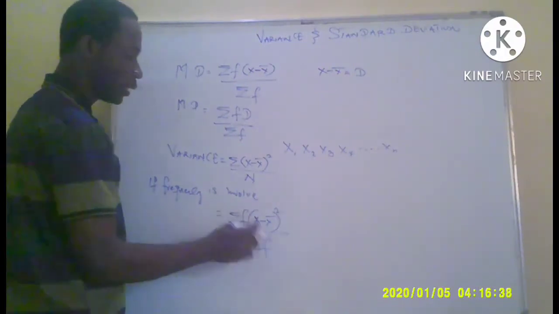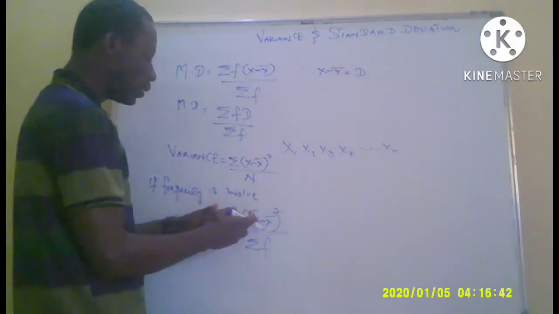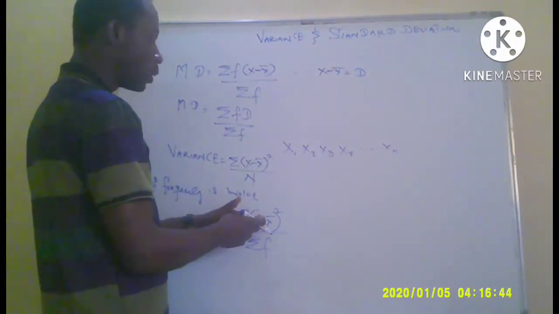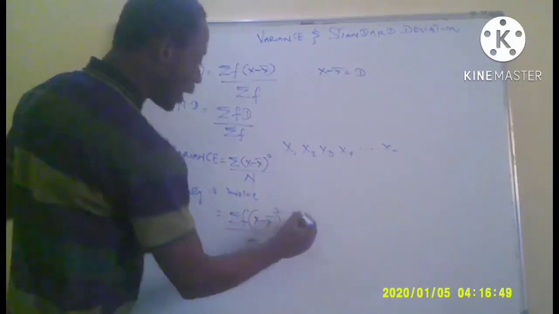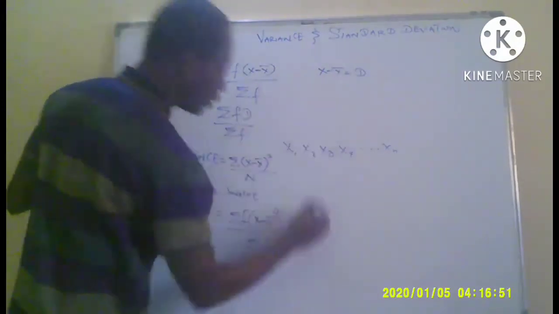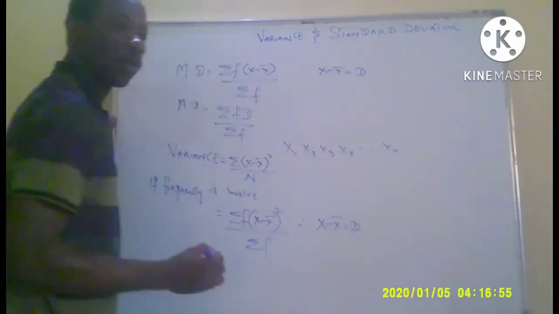Remember, frequency is involved now. But let's come back again. Remember, this is deviation. The difference between this one and this one is the square. So let's replace x minus the mean with deviation.